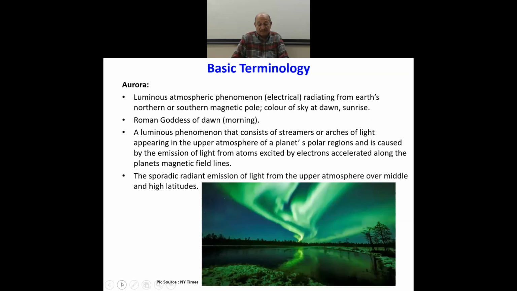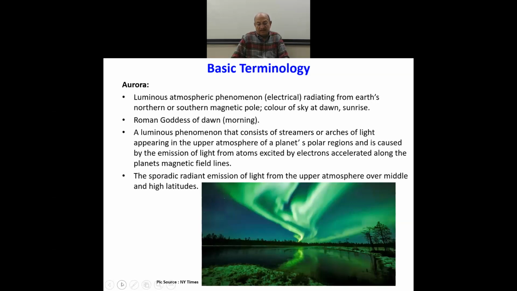People travel very often to the North Pole region, countries like Sweden and Finland, where you can actually see this phenomenon happening, Aurora. This takes place in the upper atmosphere, where the atmospheric pressure goes down.